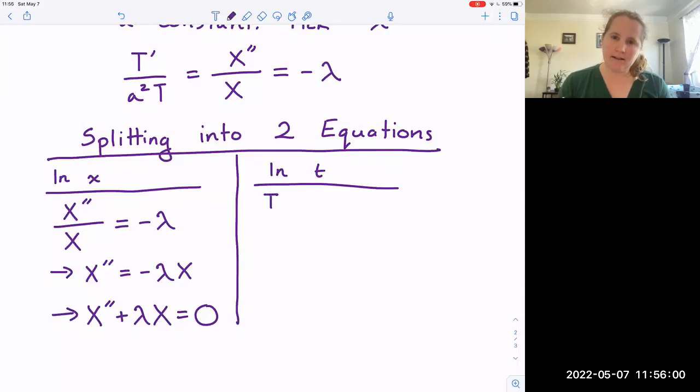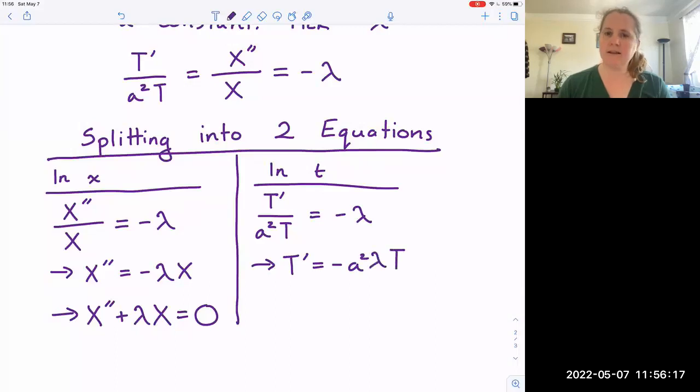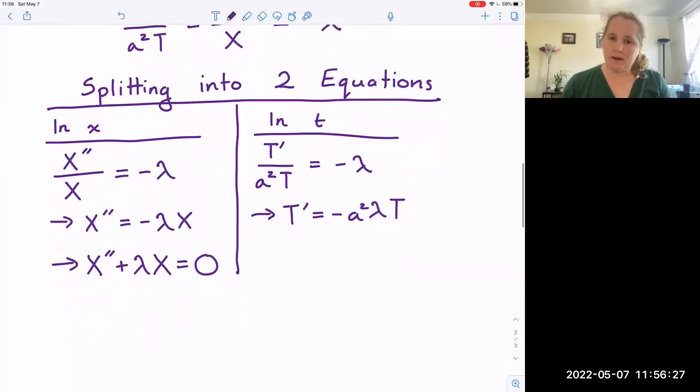In t, we are looking at T prime over a squared T is equal to negative lambda. So we get that T prime is equal to negative a squared lambda times T, or T prime plus a squared lambda T is equal to 0.